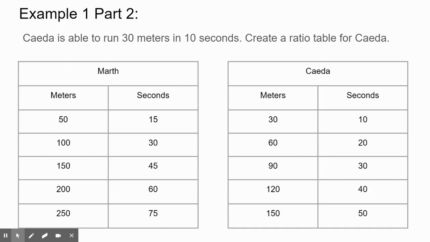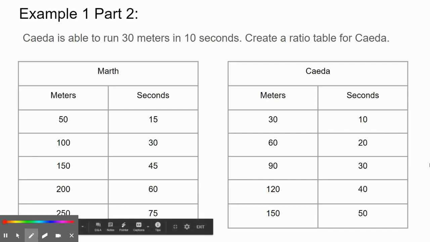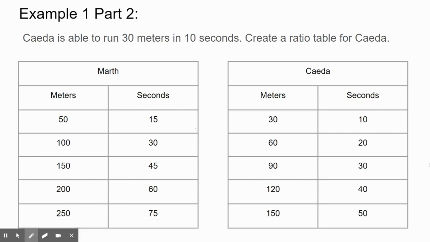That's really the hard mathematical part done. The last part is we're just going to compare the 2 tables. We're trying to figure out who is running faster, you'll remember. So we want to look at our meters for both people and find some value that they have in common.